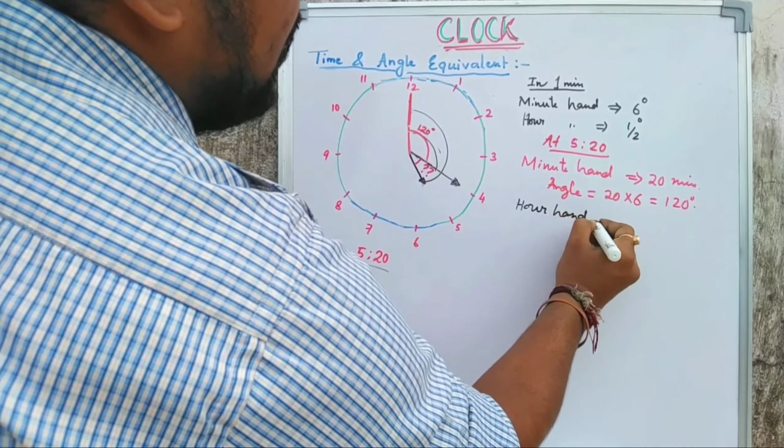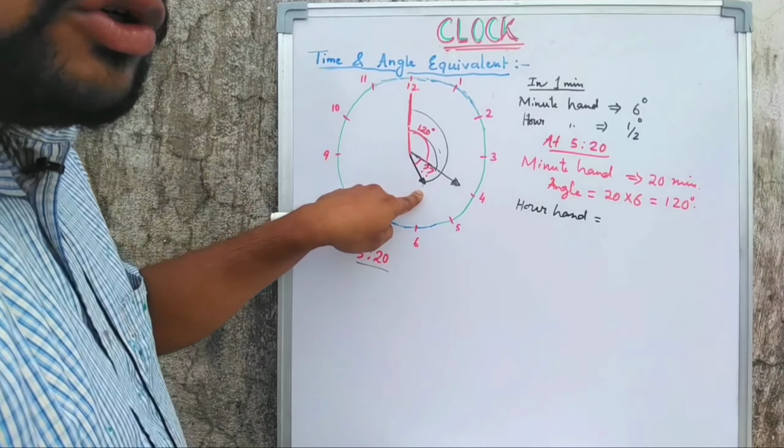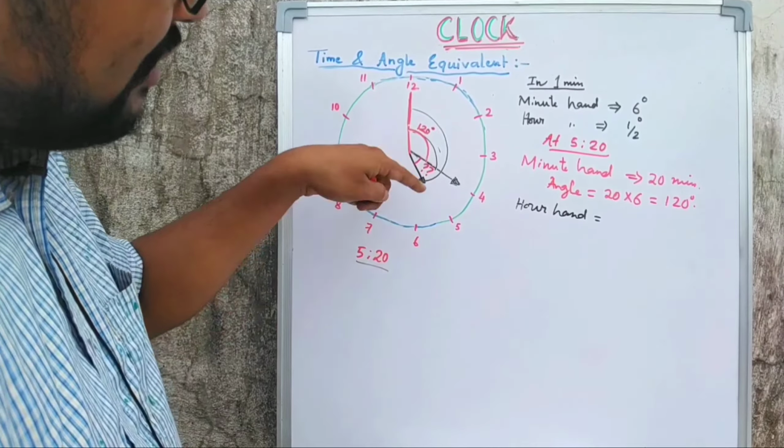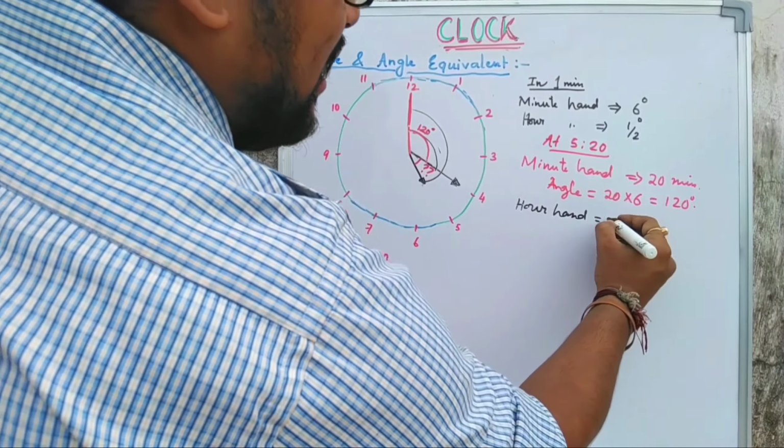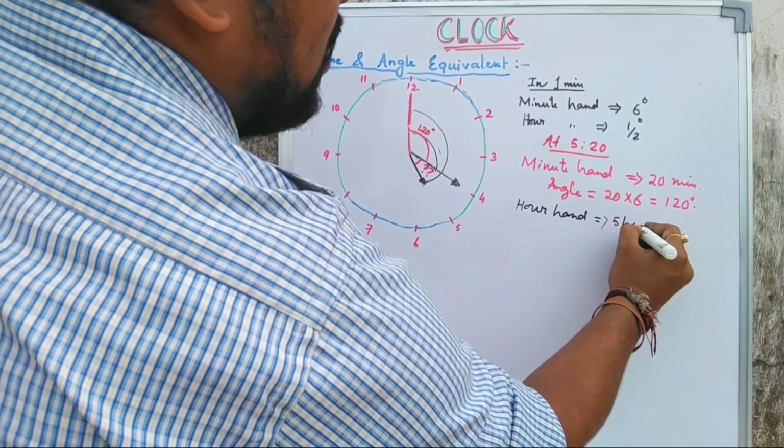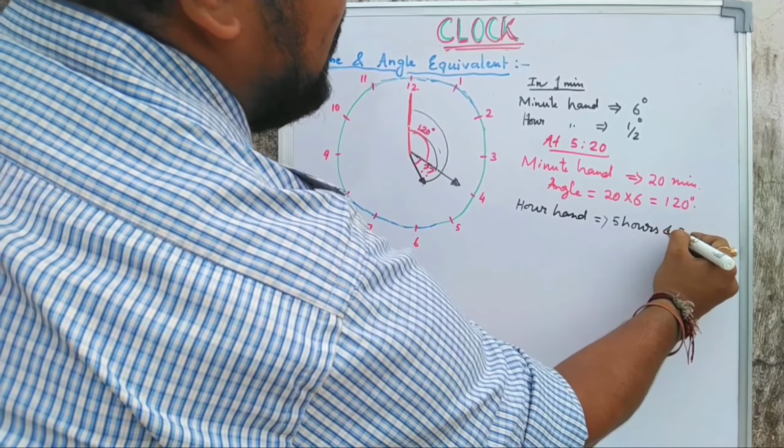The hour hand has completed a total of 5 hours. 5 hours are already completed at 5 o'clock, and another 20 minutes are also completed. So the hour hand completed 5 hours and 20 minutes.